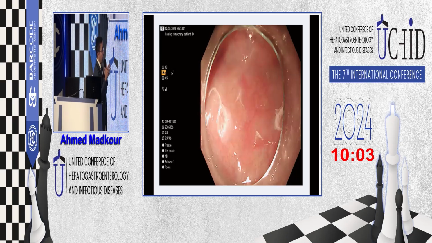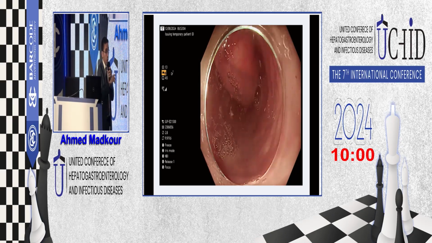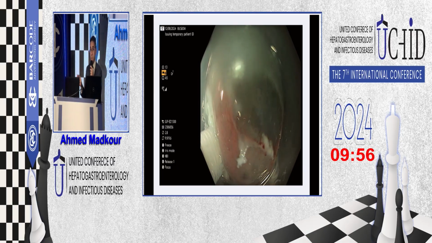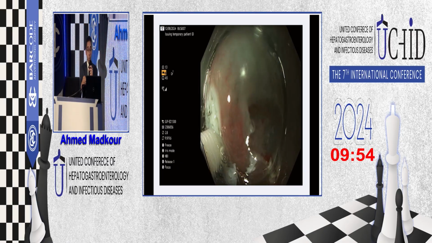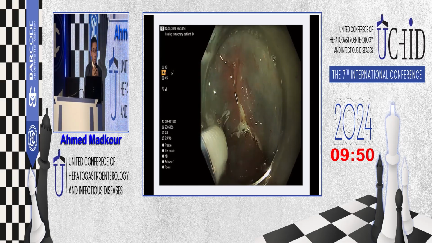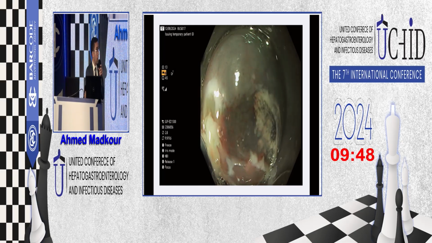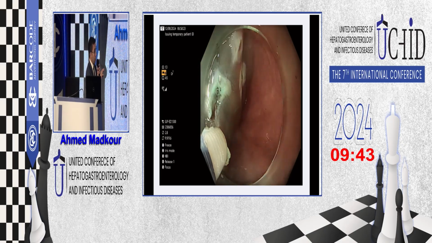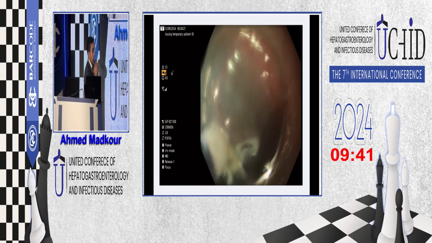So the best way in such lesions is to cut the distal end and the lateral margins, then start to cut the proximal and push the lesion back. Depending on the size and weight of the lesion, it will facilitate the resection. This is the best strategy to deal with such a bulky lesion.